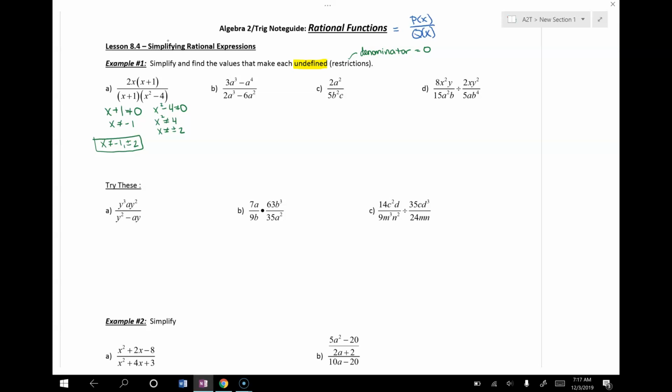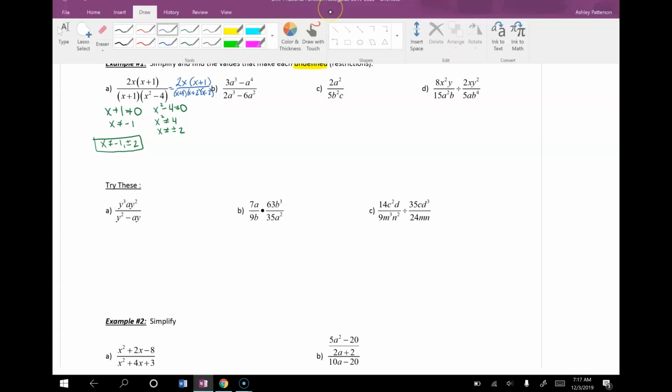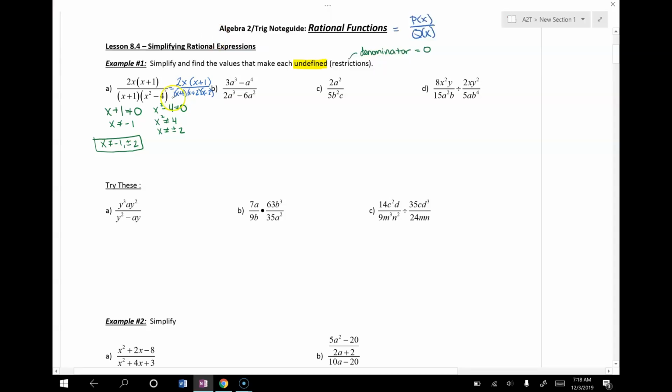Okay, so let's go ahead and cancel from the top to the bottom. Well, I see that I can continue to simplify the denominator. So I'm going to go ahead and factor x squared minus 4. It's a difference of squares. I'm running out of room. Okay, and then from here, see if you can cancel anything from the numerator and the denominator. And it looks like just x plus 1.